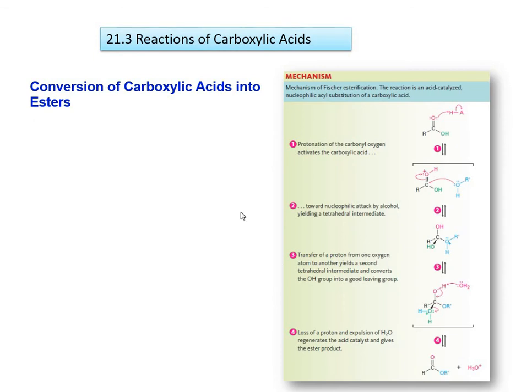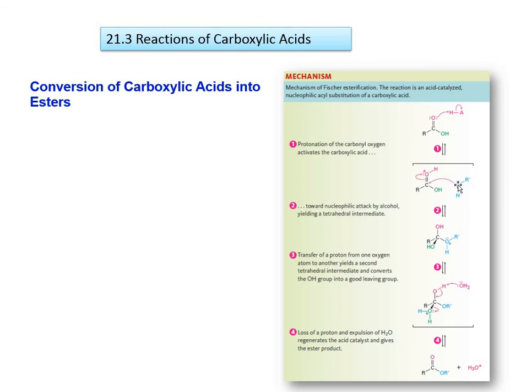So how does a Fischer esterification reaction happen? Basically, in the acid catalyzed Fischer esterification reaction, first we protonate the carbonyl oxygen with the acid. Think of this as HCl, or hydronium. Then what happens?